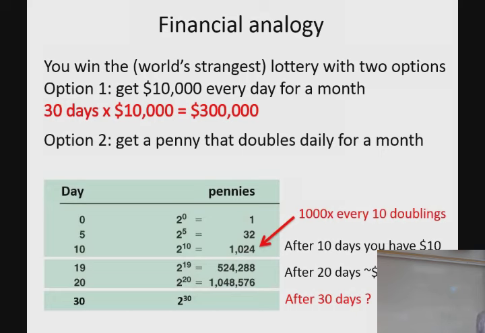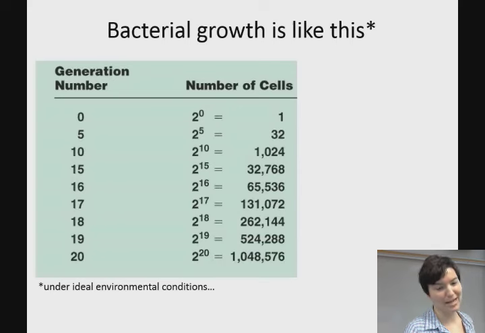The next 10 doublings, that's 1,000 times 1,000, which is roughly 1,000,000. And if we take 1,000 of that to get to day 30, then we're getting to 1,000 million. Now, how much is 1,000 million in pennies? In dollars? It's $10 million. So I think at that point you'd be pretty happy if you made that choice, or sad if you hadn't.